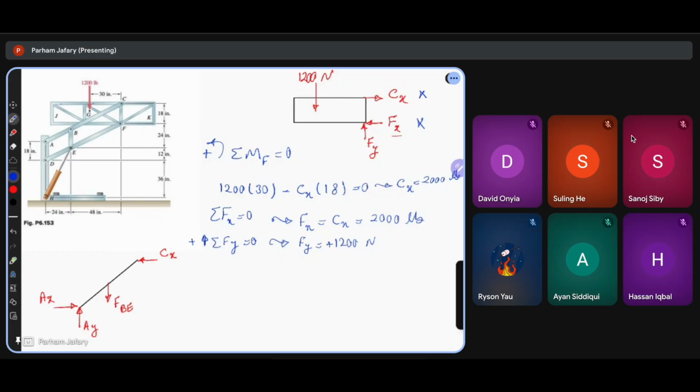So, okay. The next part, we want to solve the force in BE. In order to solve BE, I will just take the elements A, B, C and write down the free body diagram.